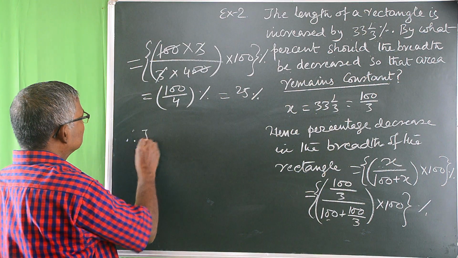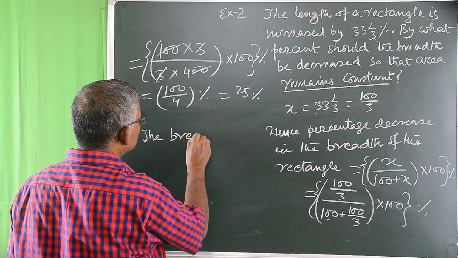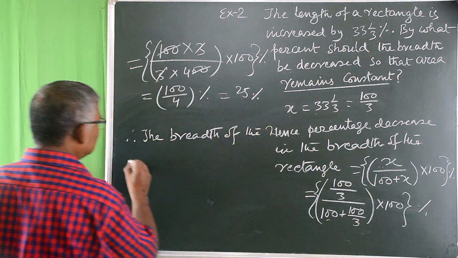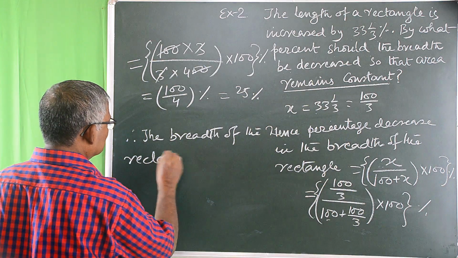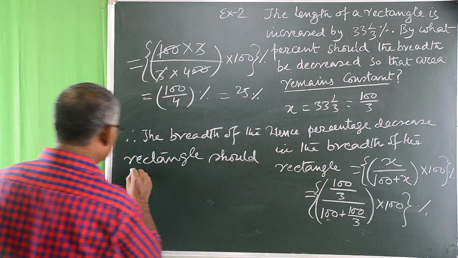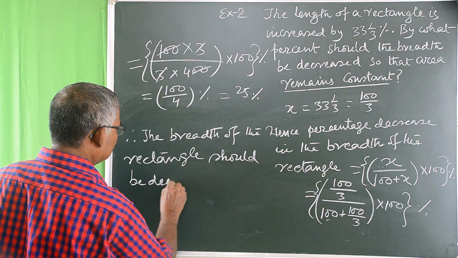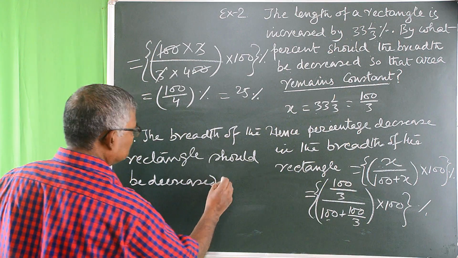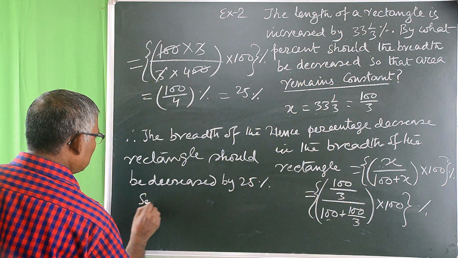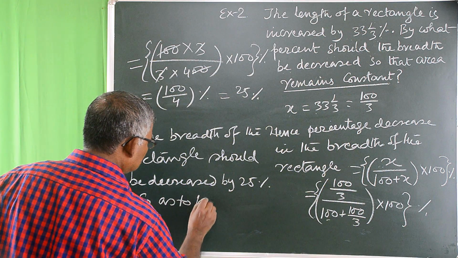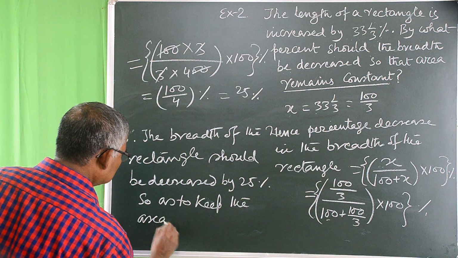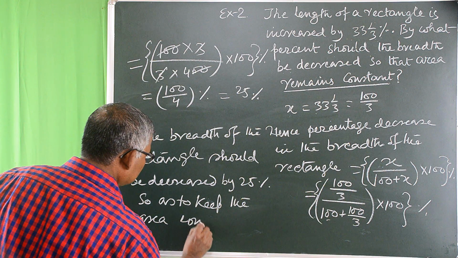Therefore, the breadth of the rectangle should be decreased by 25% so as to keep the area constant.